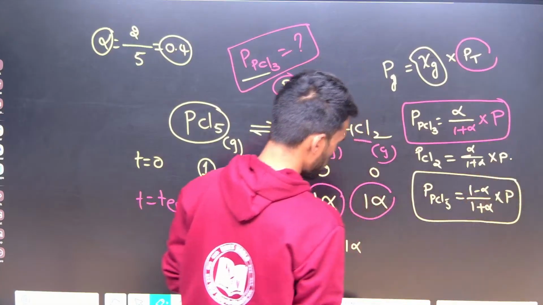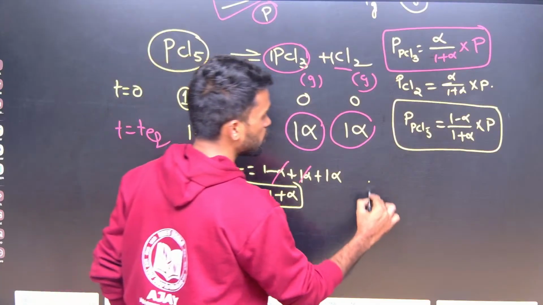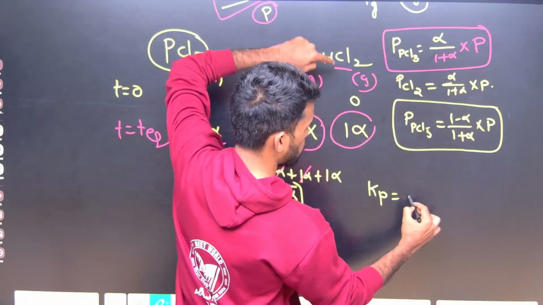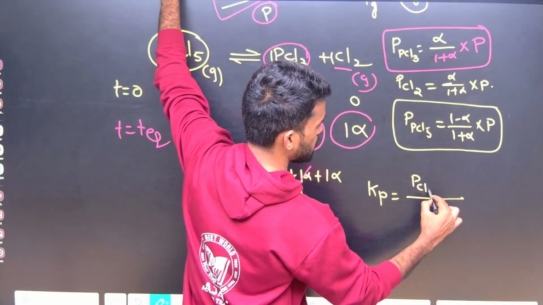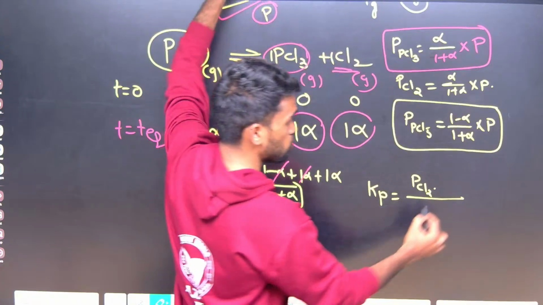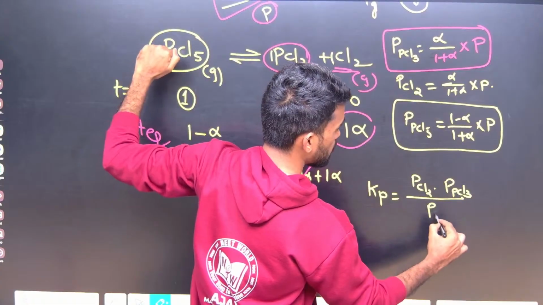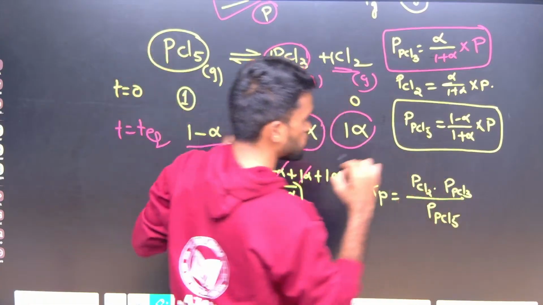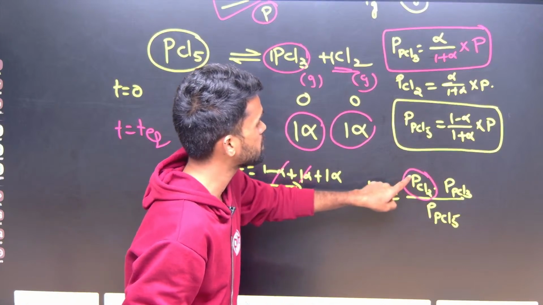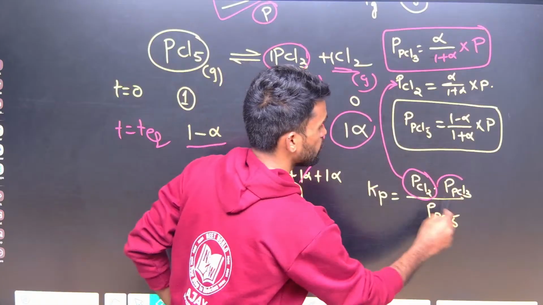Now if someone asks you to calculate what is Kp for this reaction, Kp should be taken as the partial pressure of Cl2 and the partial pressure of PCl3 by the partial pressure of PCl5, like this we should take. We got the values from this thing, and for this we have here.